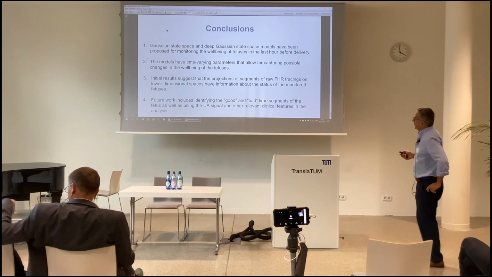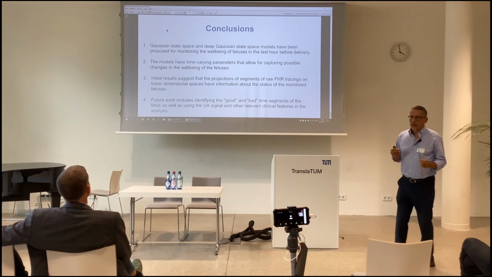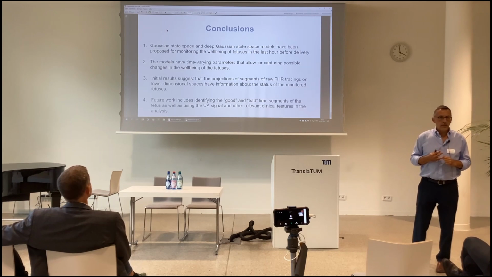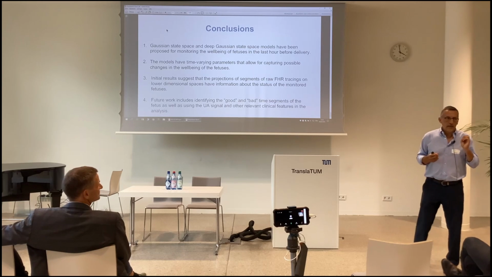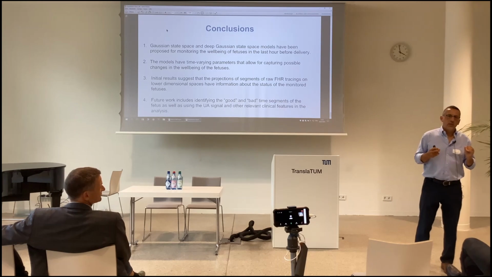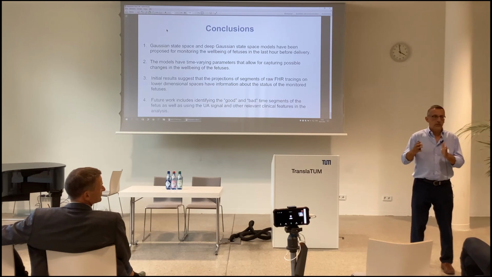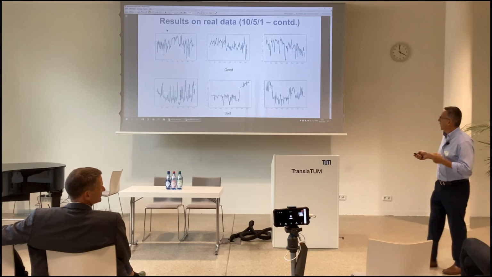So, in conclusions, we are working with Gaussian state-based models, deep and non-deep. What is very important is that we are working with time-varying models. What that means is, in the beginning, maybe everything was fine, and then it got worse. These parameters that you saw, let me just go back quickly.